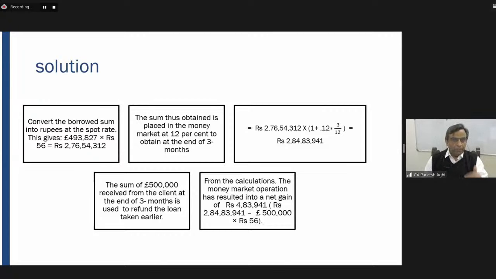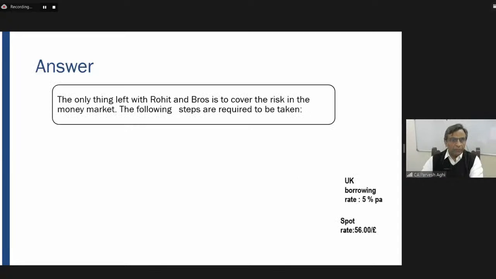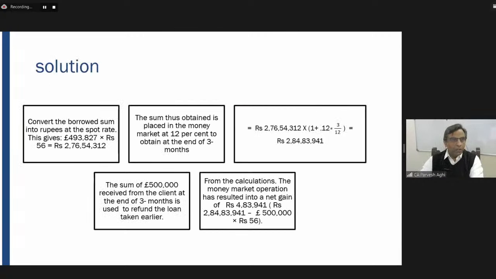Okay, which means the pound has appreciated in the meantime, in one way of looking at it, and you have gained 4,83,941. Okay, fine. So you are making a gain to the extent of 4,83,000 by doing this money market hedging. Okay, so this is the case of the exports.